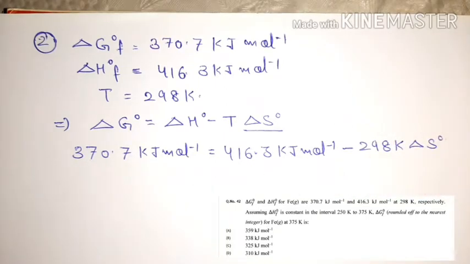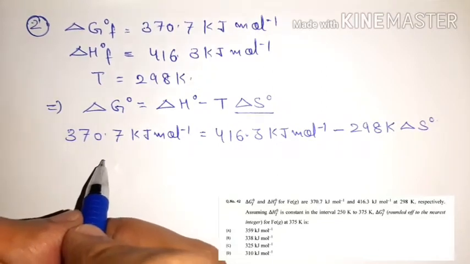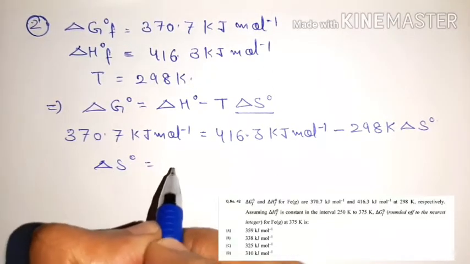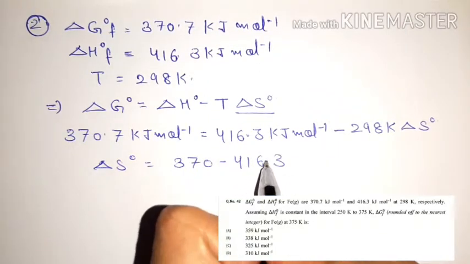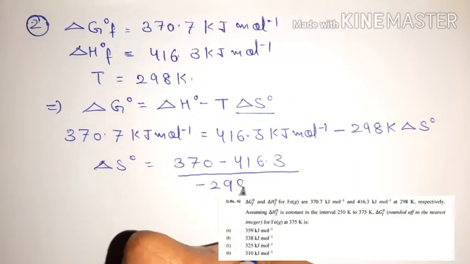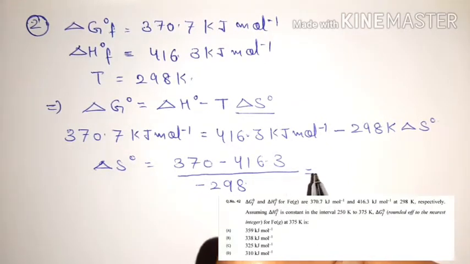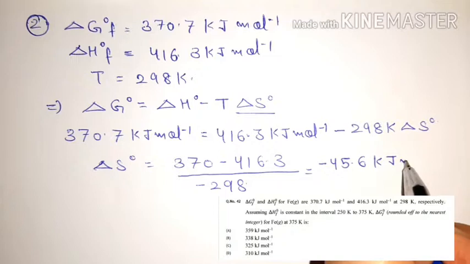So now solve this relation, that is delta S naught is equal to 370 minus 416.3 upon minus 298. So this will be minus 45.6 kilojoule per mole.